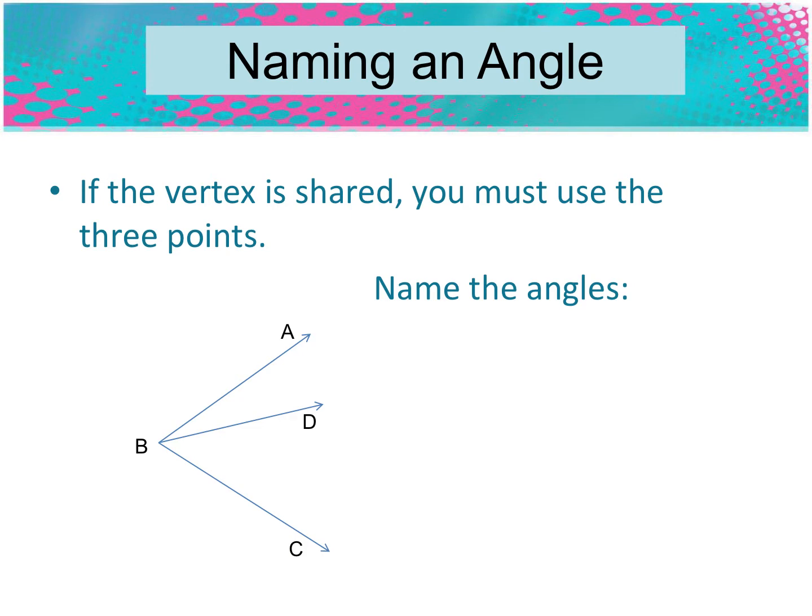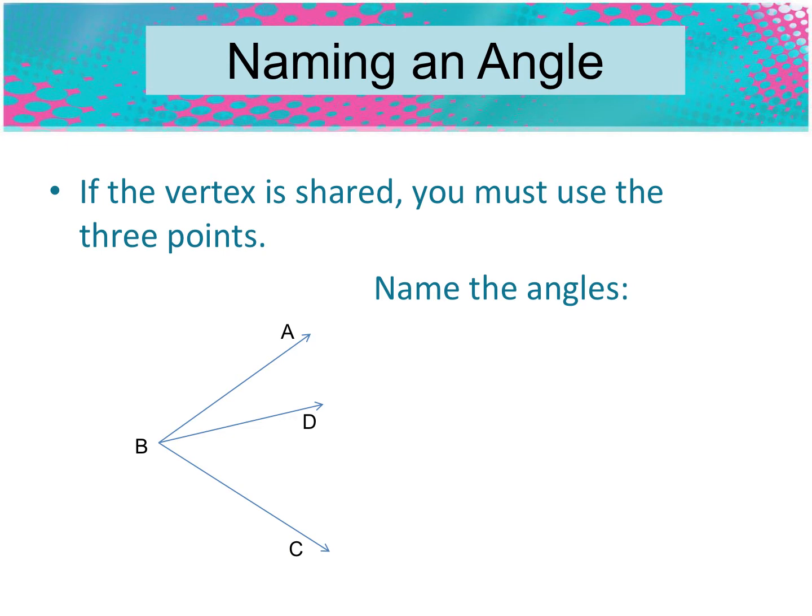Now, this is when we have a vertex that is shared. Before, that vertex was only for one individual angle. Now in this picture, I actually have 3 different angles happening here, and vertex B is shared by all 3.